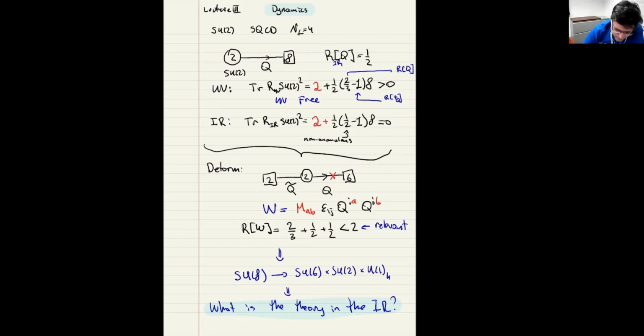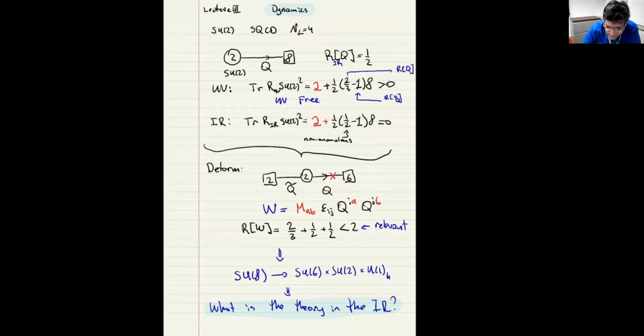Okay, so let me start with the discussion of the dynamics of a very particular example of interesting dynamics in four dimensions. The first part of this first page is basically a review of what I did at the end of the last lecture. We're looking at one of the simplest interacting quantum field theories that one can consider in four dimensions: SU(2) SQCD with F equals 4.